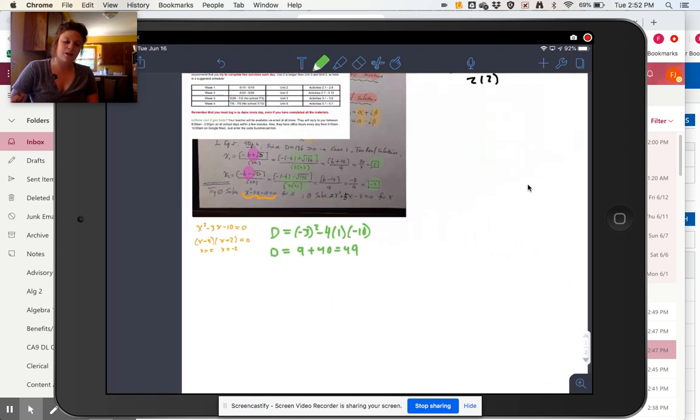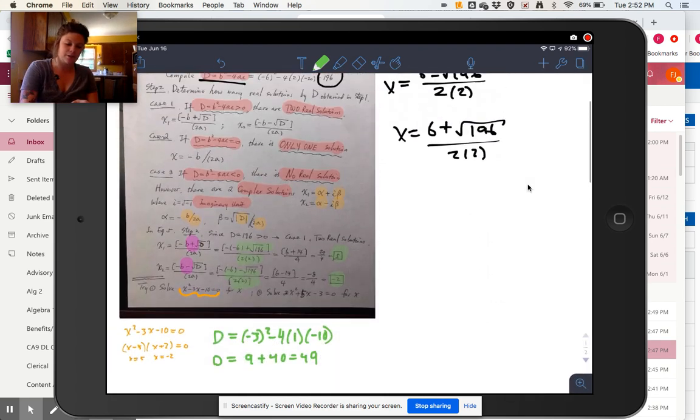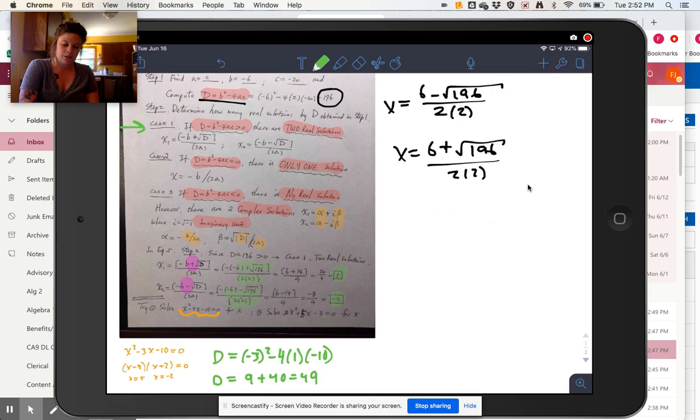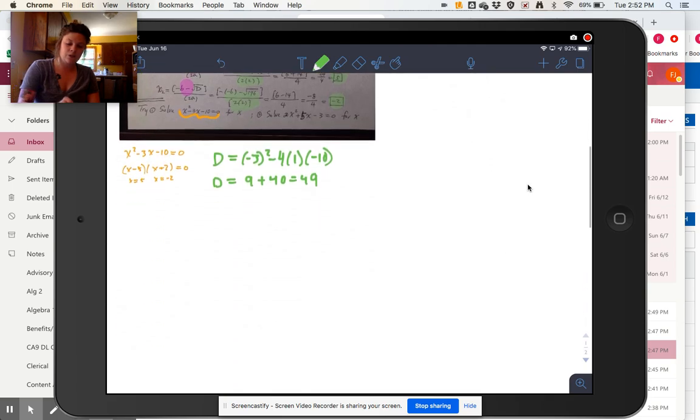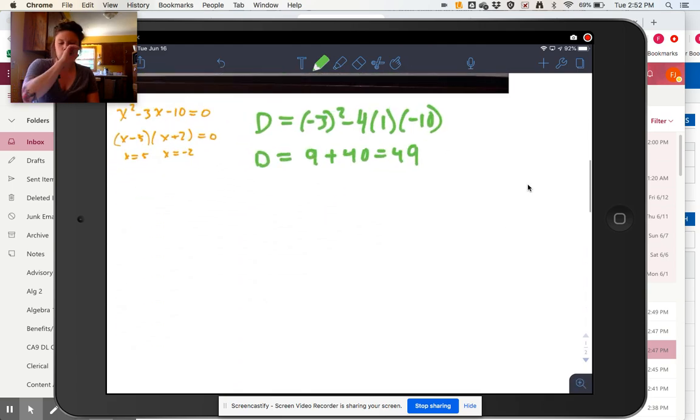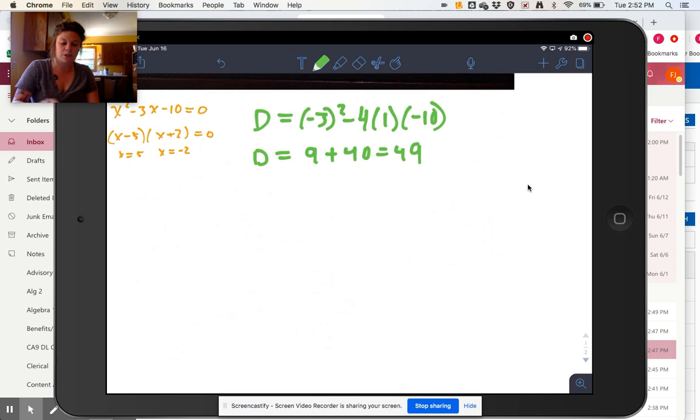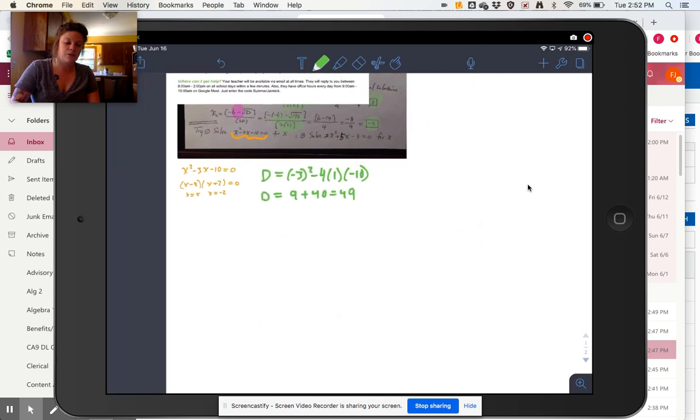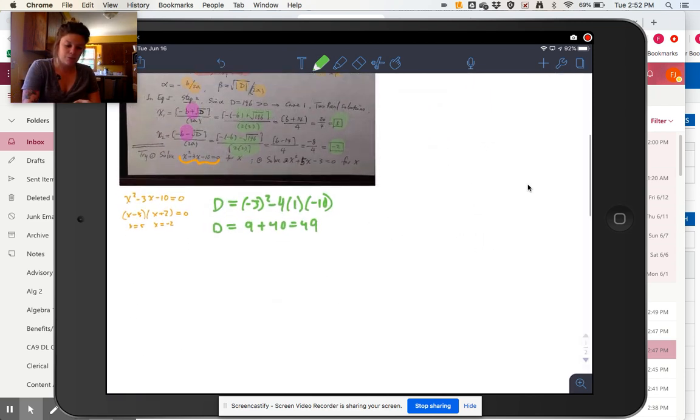So looking back at our options for what could happen, case 1, b squared minus 4ac is greater than 0. And that's the case that he gave you here. And so what you're going to do is continue on with using the quadratic formula. Now, to explain the way he did it, he broke down the equation into 2 parts rather than doing the one quadratic function in 2 different ways.